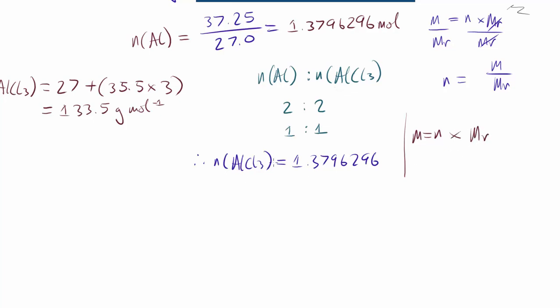So the mass is equal to the moles, 1.3796296 moles, multiplied by 133.5 grams per mole.